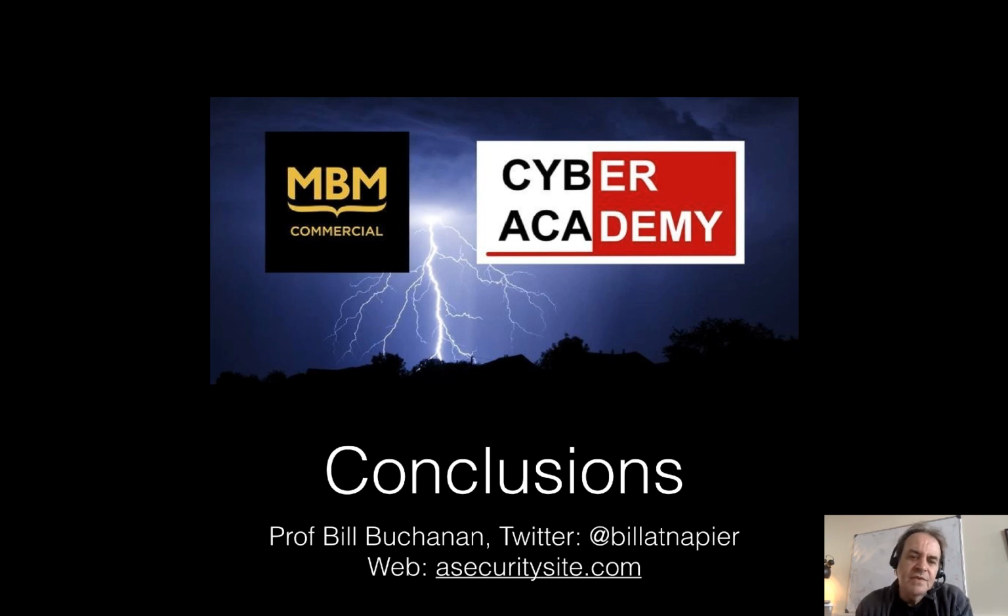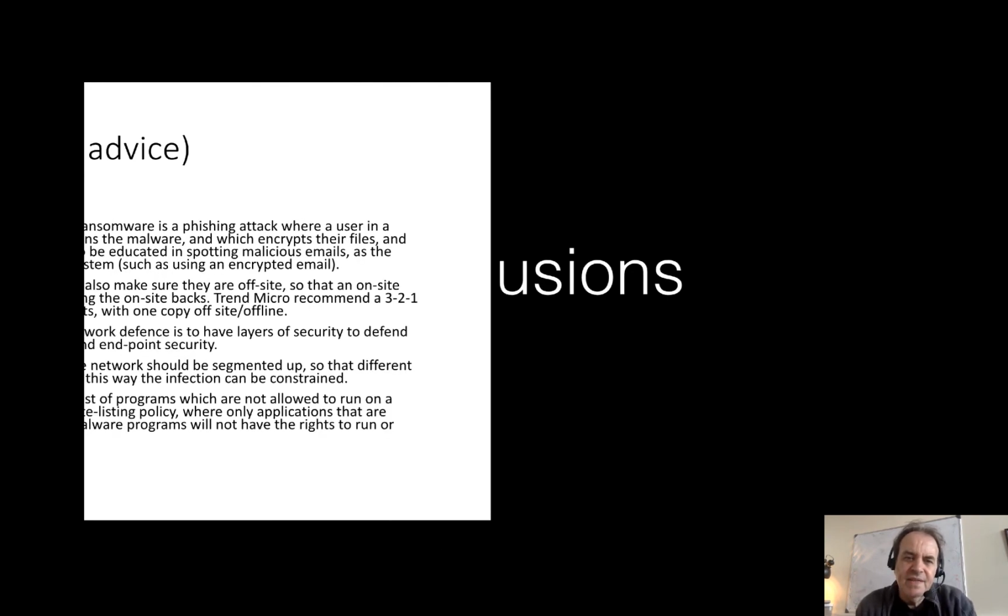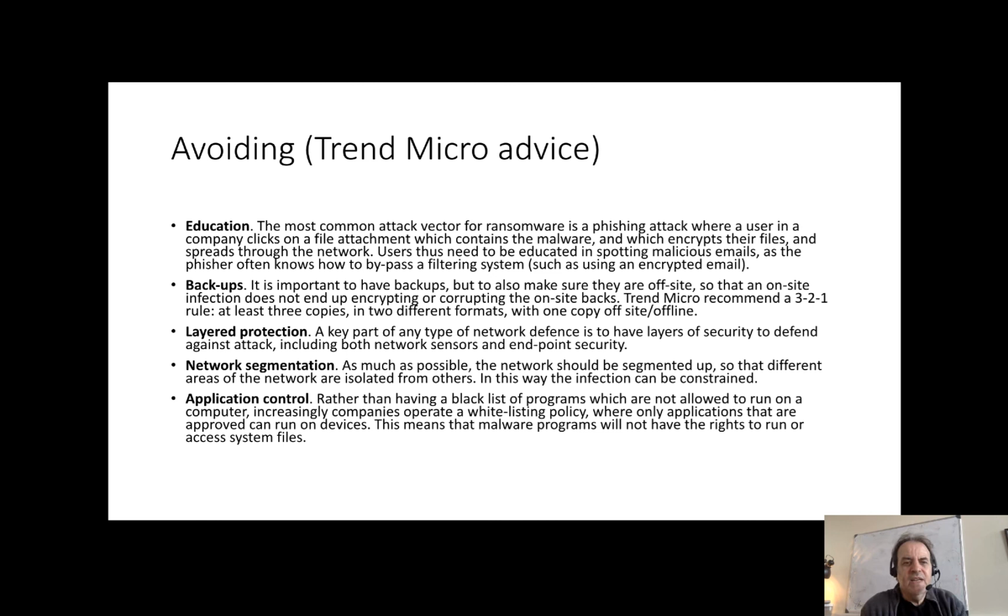Okay, so in terms of conclusions, to overcome this type of attack, the Trend Micro advice is that education is really the core of this. Normally this would come in through a spear phishing attack, and not through the method that we have seen of using XP machines and unpatched systems.